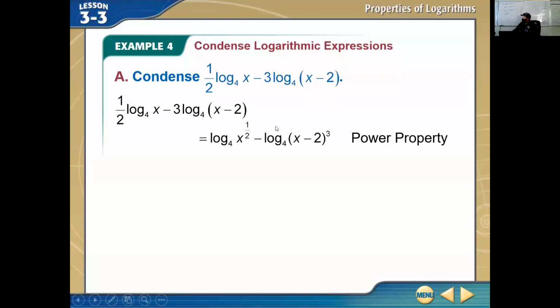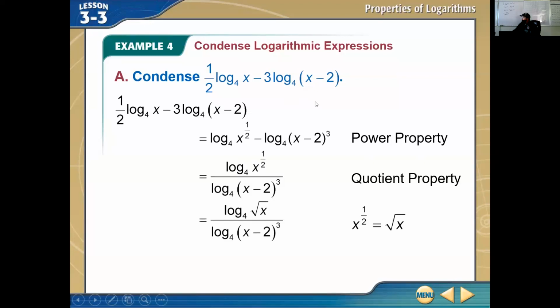Okay, so there's the power property where they took what was out front and put them back as exponents. Then they do the quotient property. I don't know why they did that. Now they reverse rational exponents.